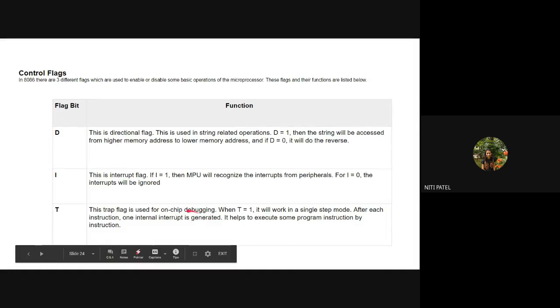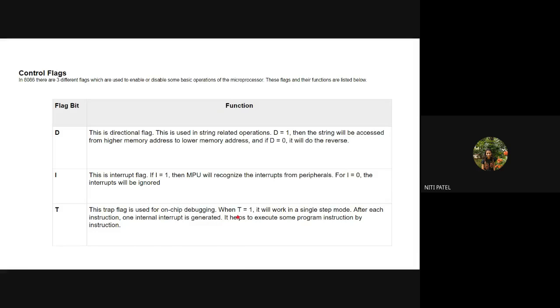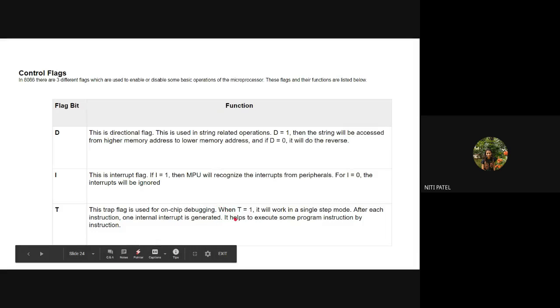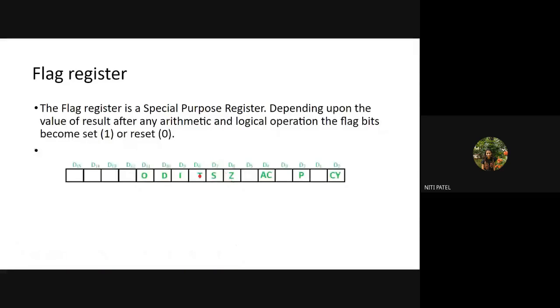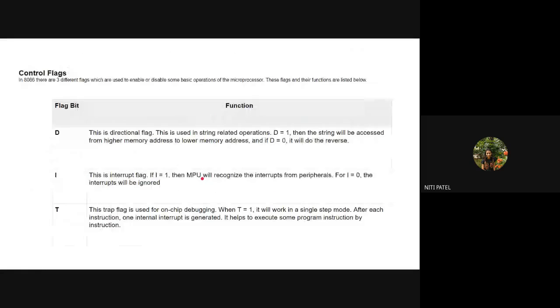That means there is some problem inside your computer, therefore that trap has occurred. So whenever that trap occurs, the value of this T bit is set to 1. If there is no error, no trap, or no highest priority interrupt, then this bit will be set to 0. Is this understood, what is trap and what is interrupt flag?